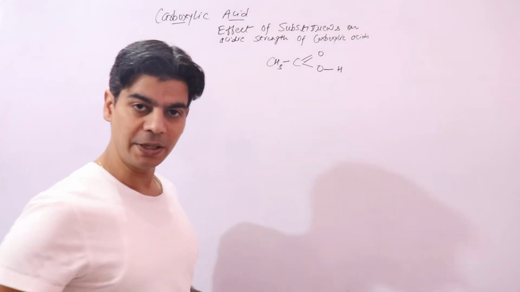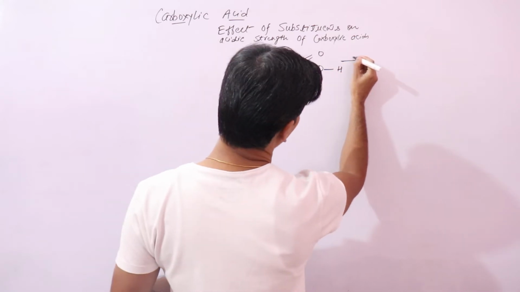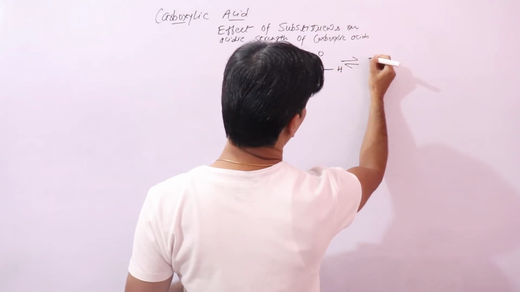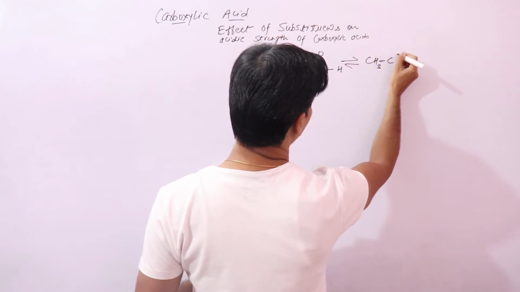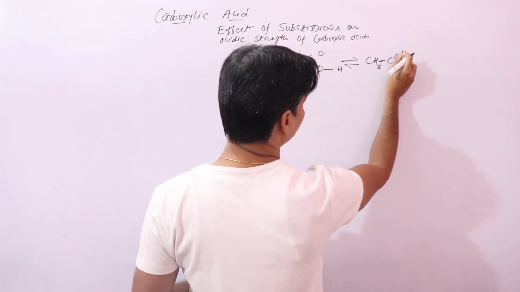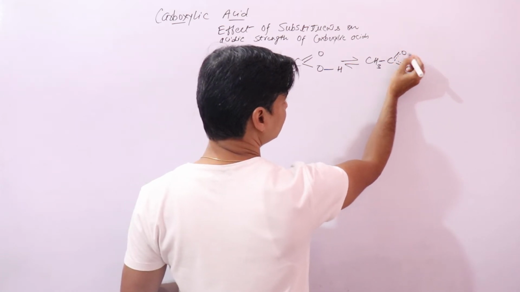This OH bond will break and this hydrogen ion will get released, and it will form this acetate ion. This is a resonance hybrid. We have studied this in the previous lecture when we studied its structure.